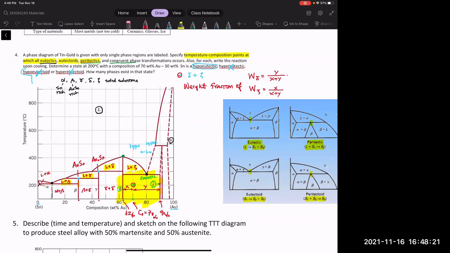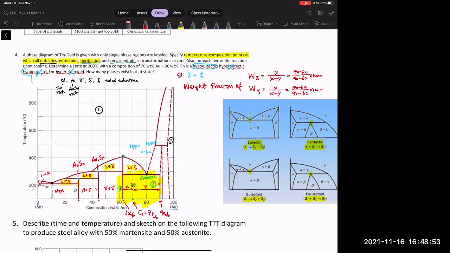Okay. Now, what is the length of Y? Well, the length of Y is 90 minus 70, that's 20. The bottom part is the total length, that will be 90 minus 62. And this one is going to be 70 minus 62. The bottom still 90 minus 62. And you multiply with 100, then you can get the percentage.